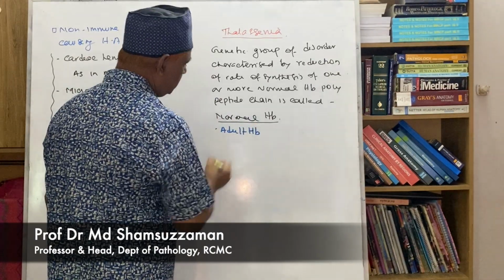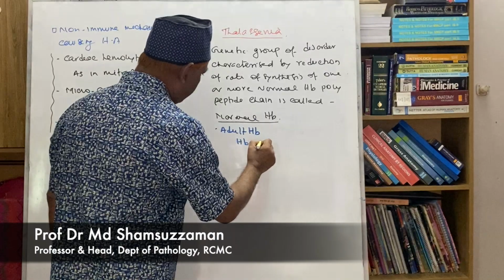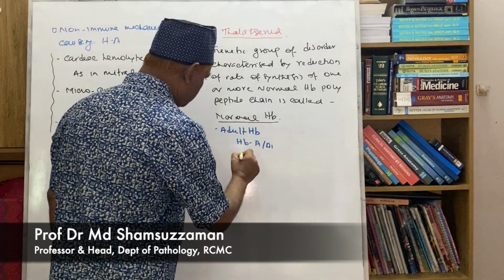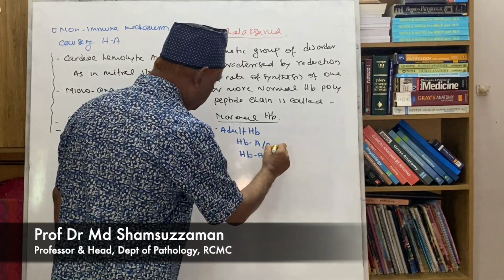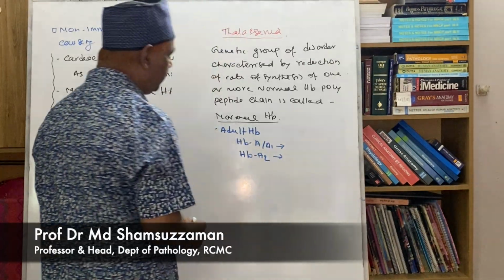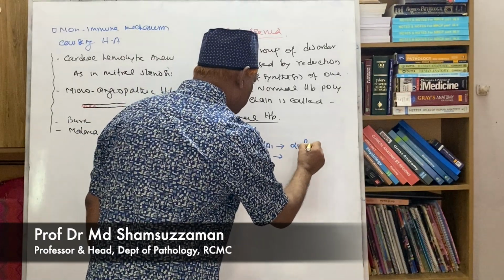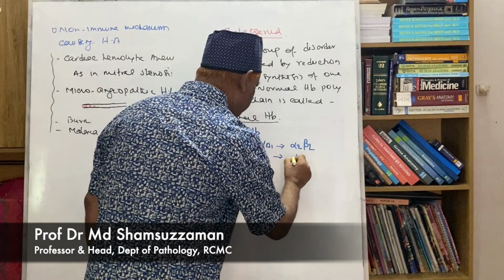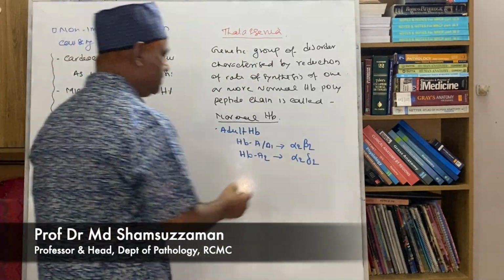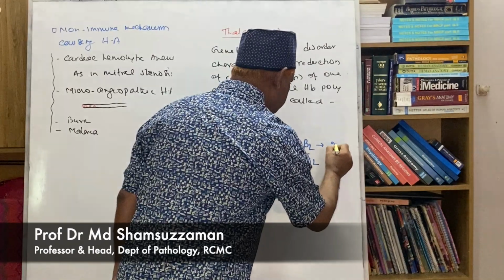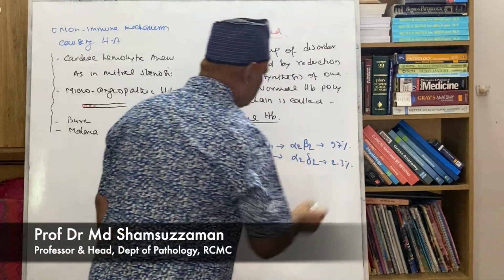Adult hemoglobin may be hemoglobin A, or A1 also, and hemoglobin A2. In hemoglobin A1 or A, the polypeptide chains are alpha 2 and beta 2, and in A2, alpha 2 and delta 2. A is about 97%, and A2 is about 2 to 3% in our body.